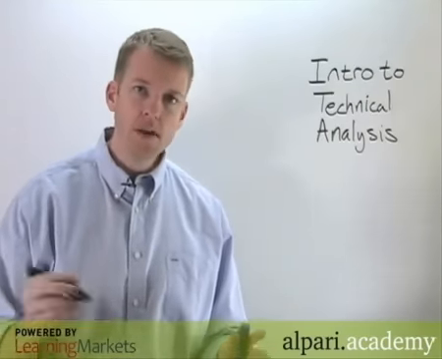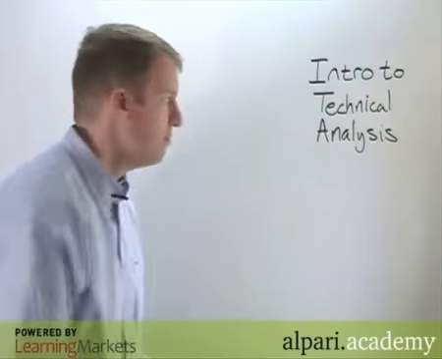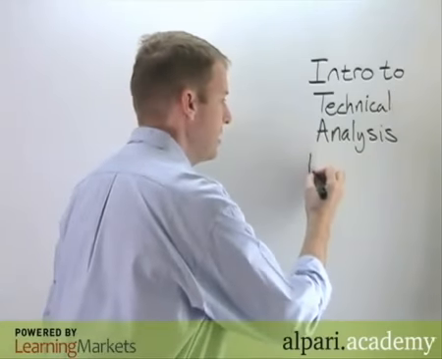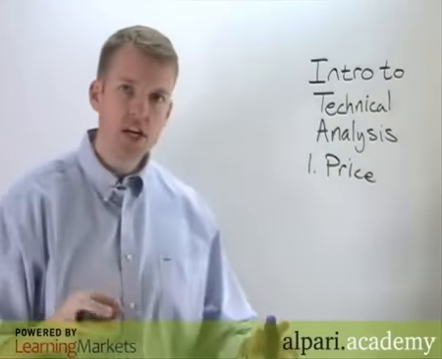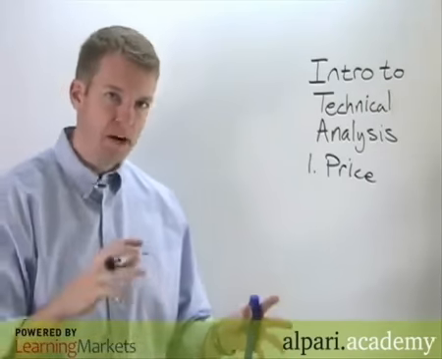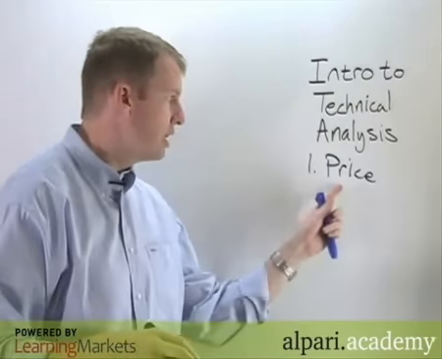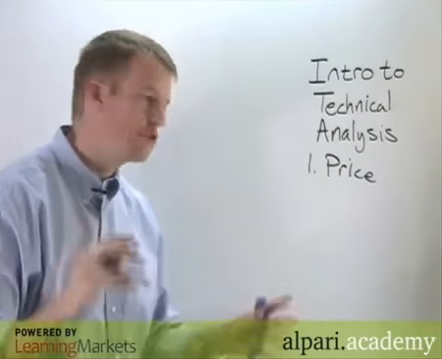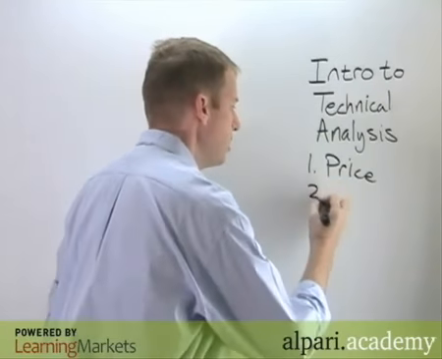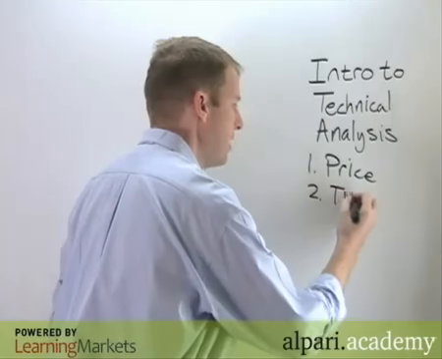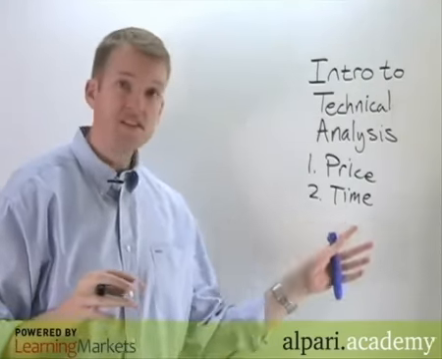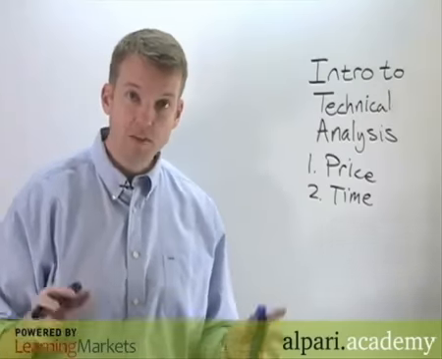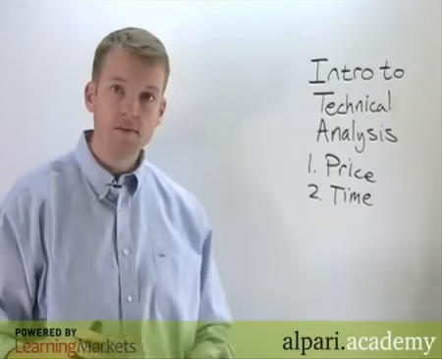So there are really three principles that we have to keep in mind. Technical analysis is a study of price movements. So as an exchange rate changes, as these forex pairs move up or down, we're looking at that price movement. What are those price changes? We look at those price changes over time. So really these two things largely summarize a lot of the information that we get about what's going on in the forex.